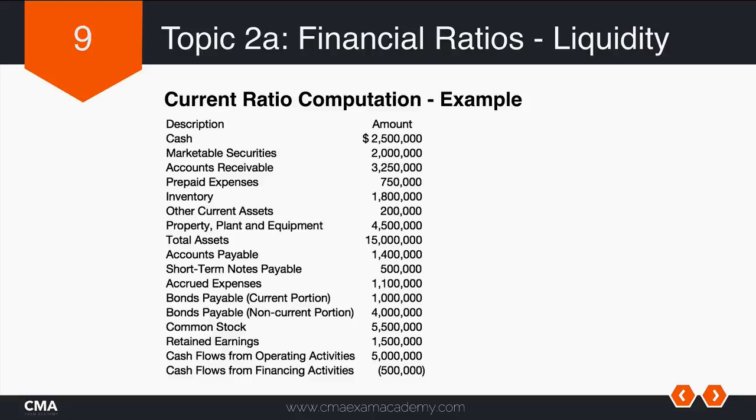Now, to compute for the current ratio of Liquidex Company, we need to compute for the two components of the current ratio formula, the current assets and the current liabilities.